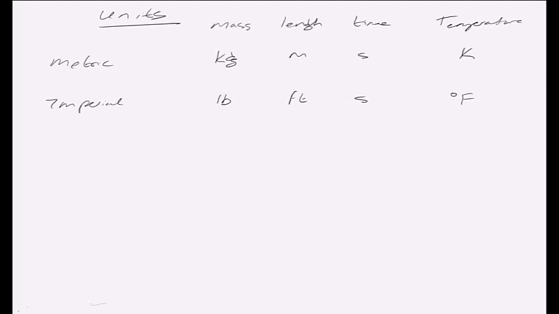Now for temperature, there are some simple conversions you can look up, such as that degrees Fahrenheit is equal to 9/5 times by degrees in Celsius plus 32, or that degrees in Celsius is equal to degrees in Fahrenheit minus 32 times by 5/7.